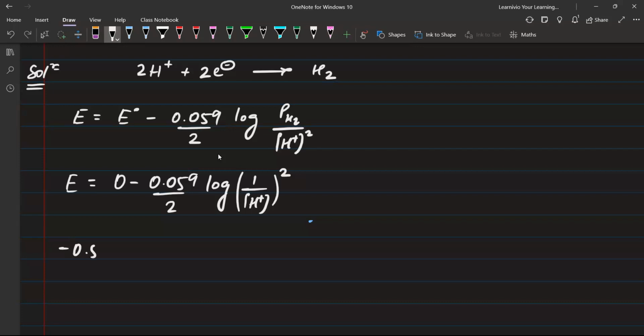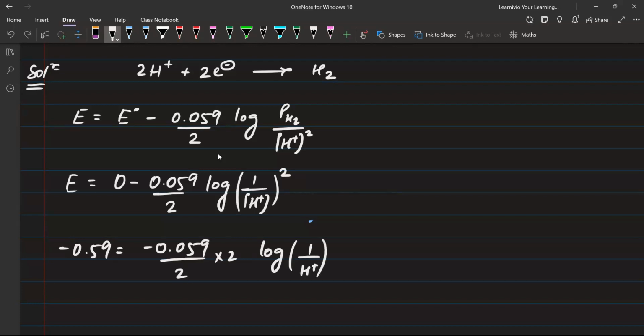Minus 0.59 is equal to minus 0.059 log of, the 2 will come down, so into 2 log of 1 upon the concentration of H plus.